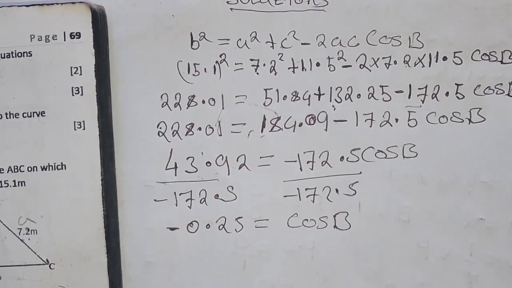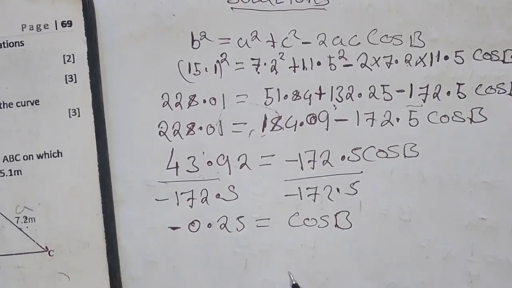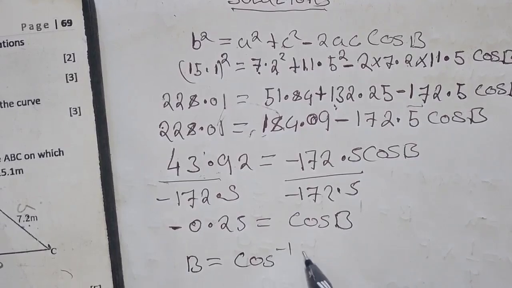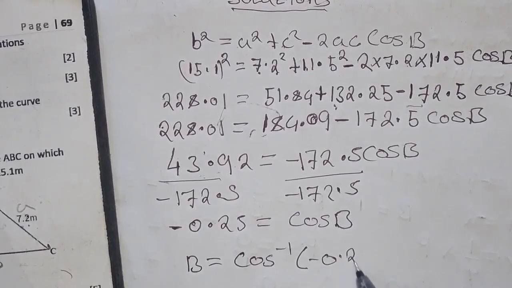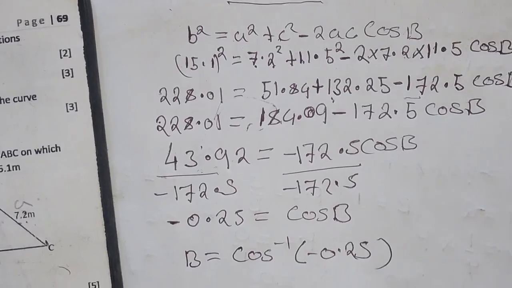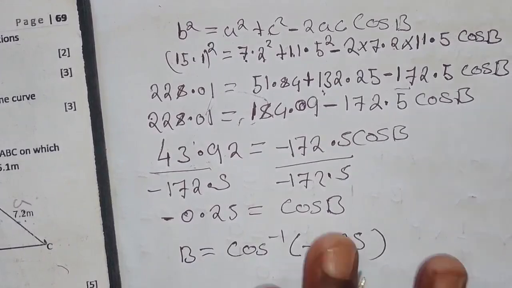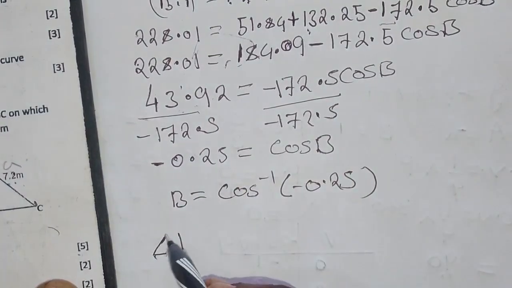Okay, for you to make B the subject of the formula, you can write like this: B is equal to cos inverse of negative 0.25. Angle is represented by this sign.